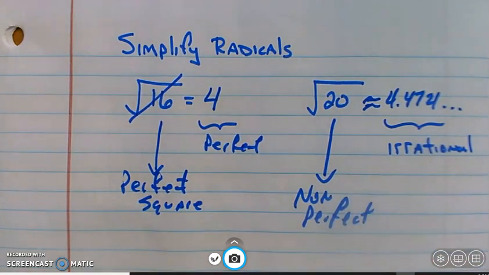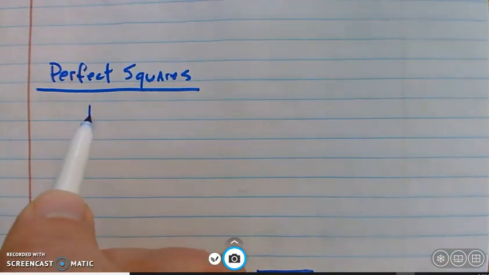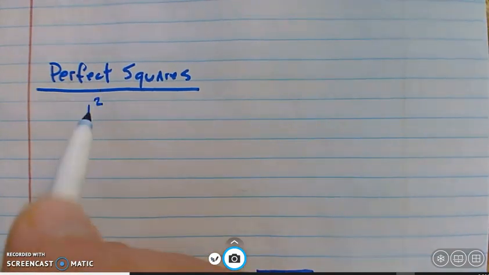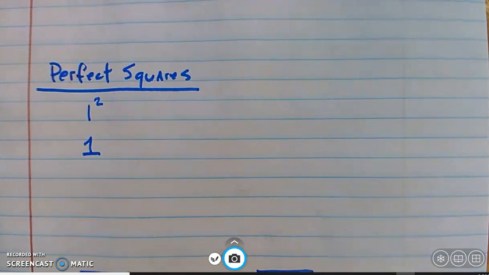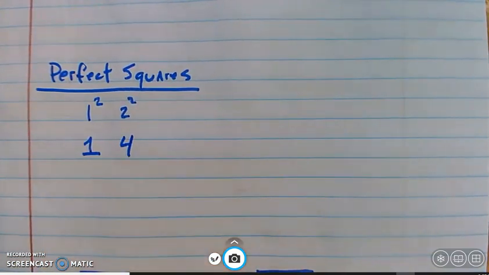So before we go any further, we'd better remind ourselves what it means to be a perfect square. Perfect squares come from a pattern of numbers, and they come from taking any particular integer and squaring it. So 1 squared is 1. 2 squared is 4.